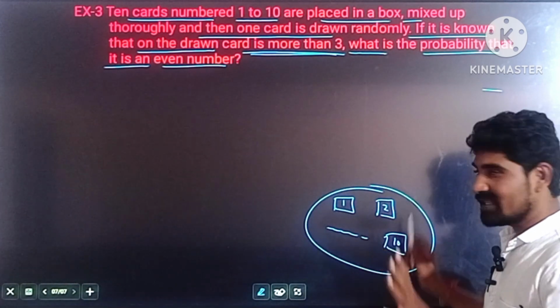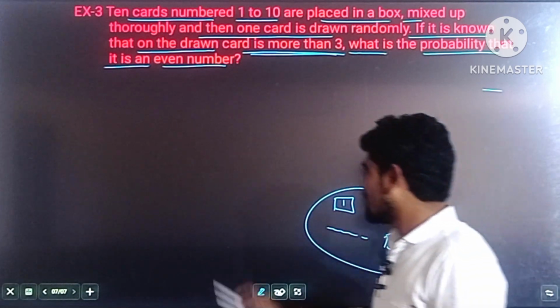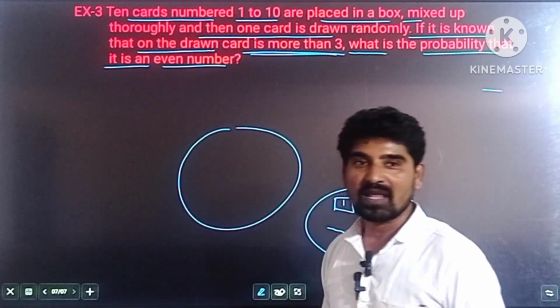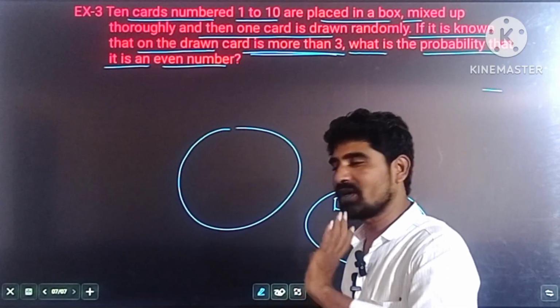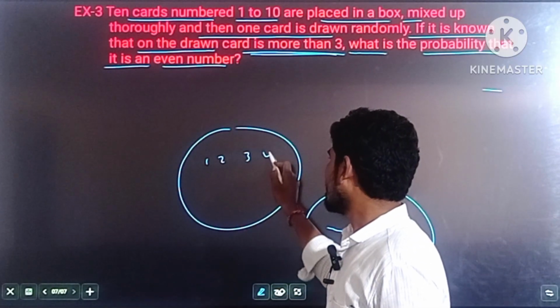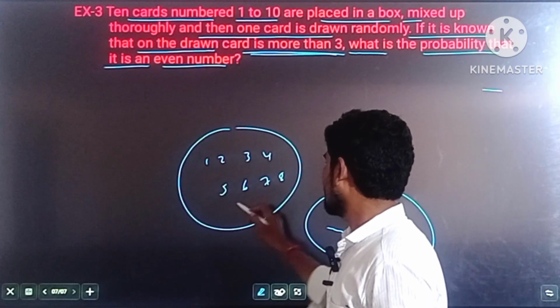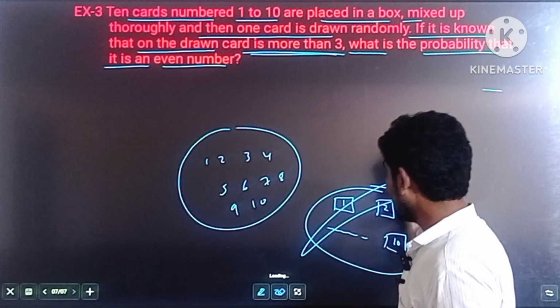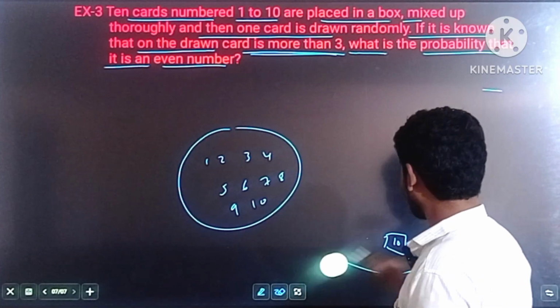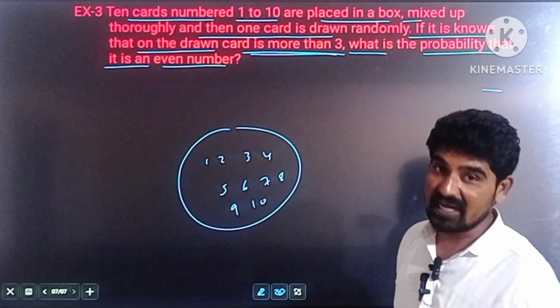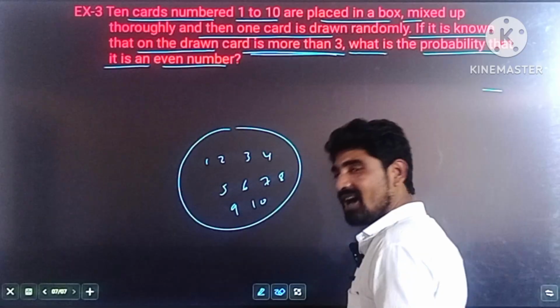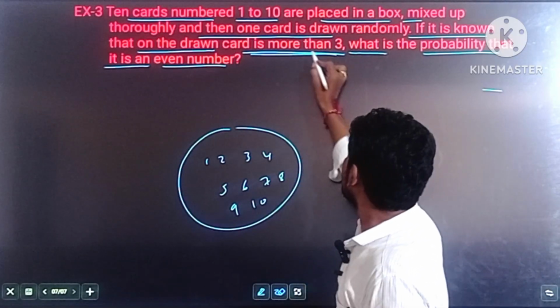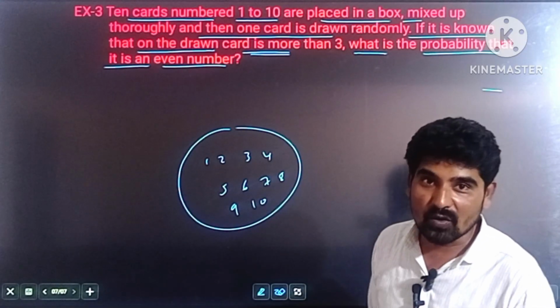So here the experiment is: one box has 10 cards numbered from 1 to 10, and after mixing the cards, he chooses one card randomly, and that chosen card shows a number more than 3.